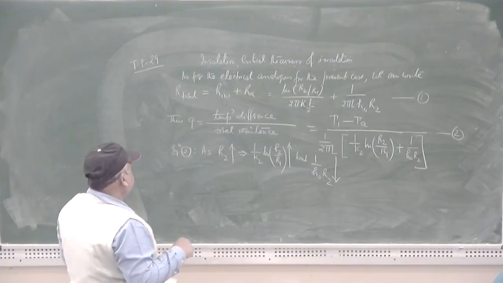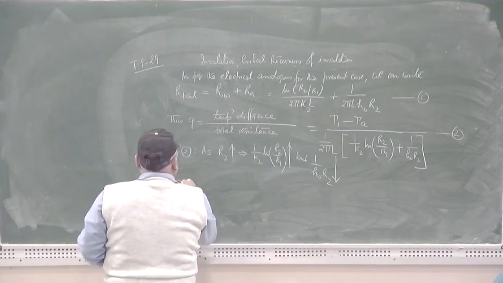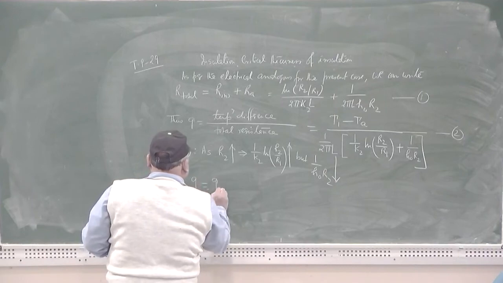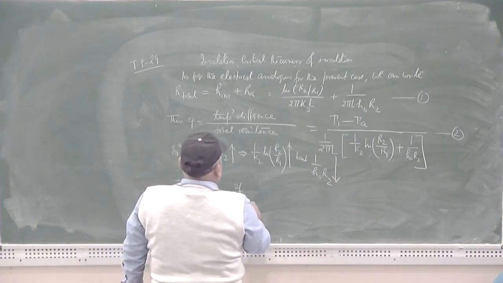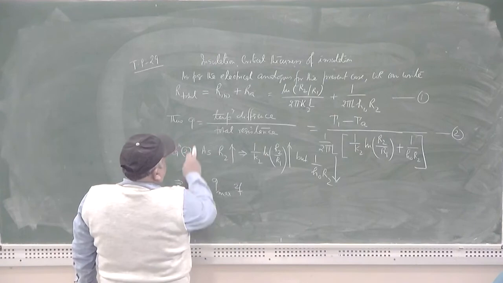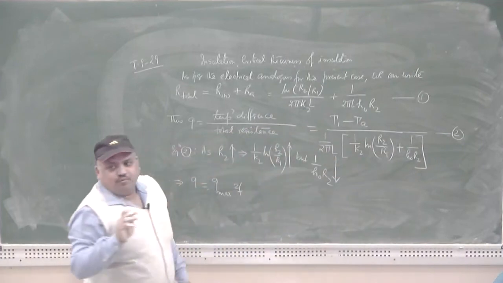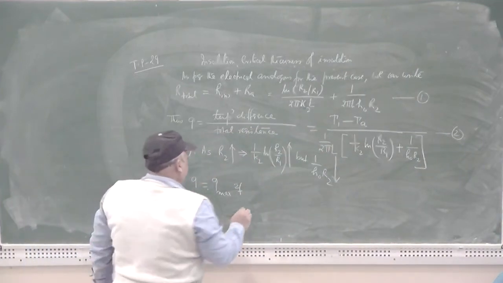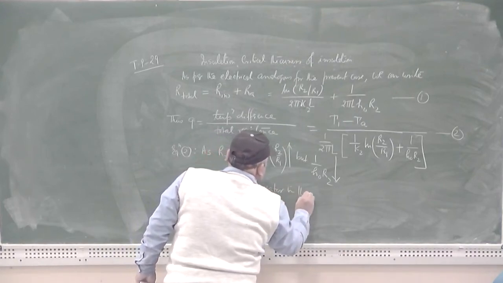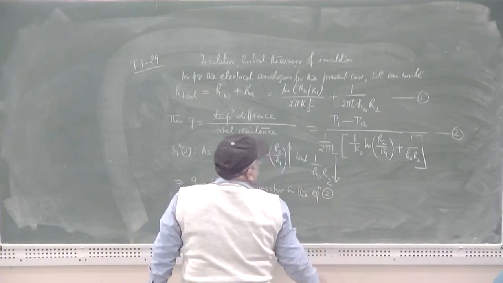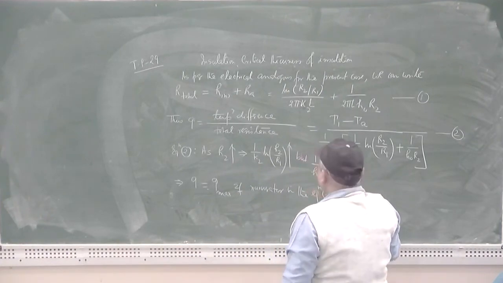Thus it implies that Q is equal to Q max when Q gets maximized. Q will be maximized if the numerator in equation number 2 has a minimum value.